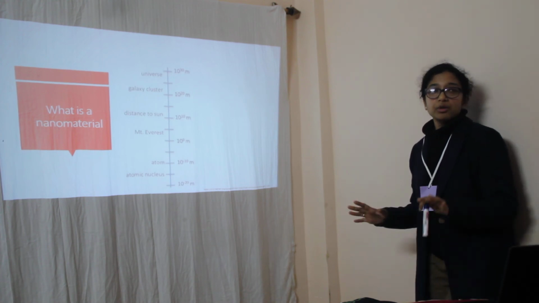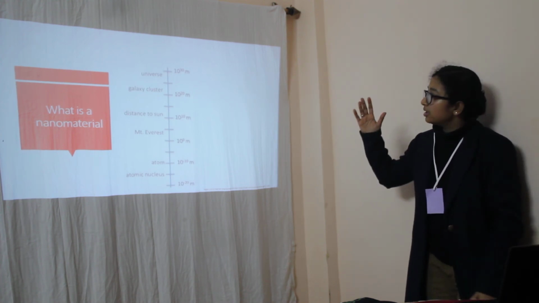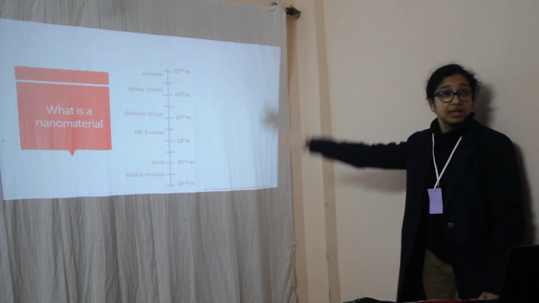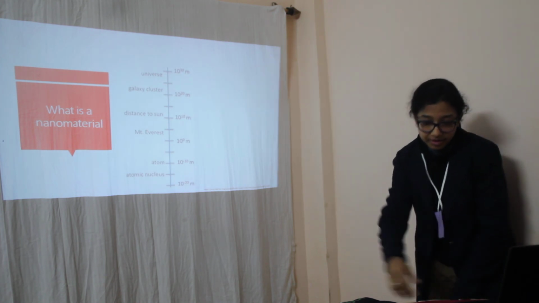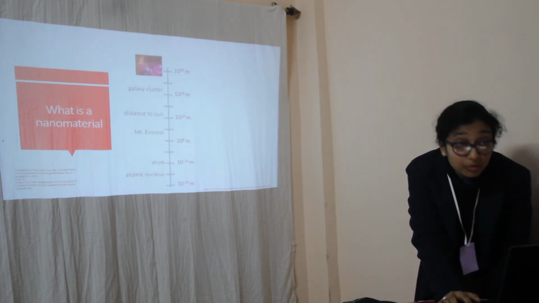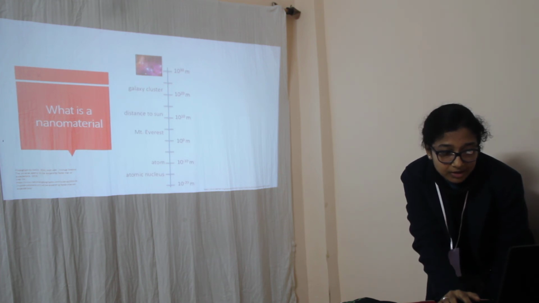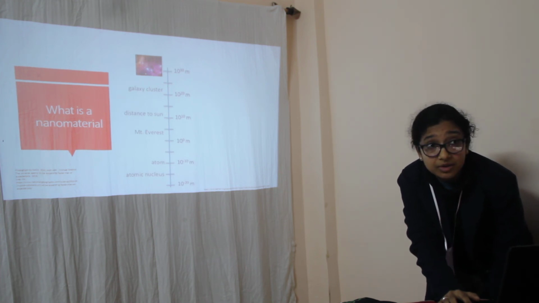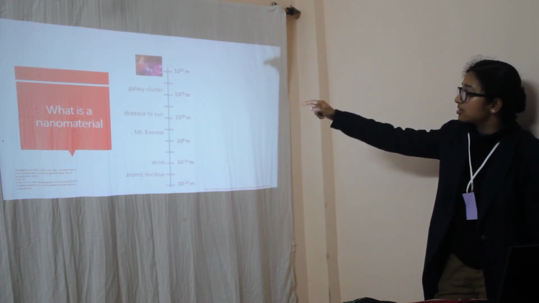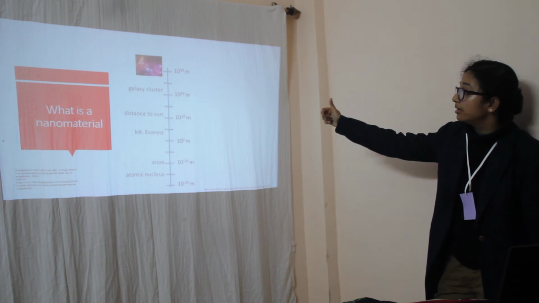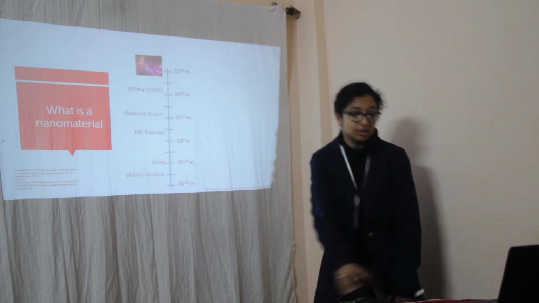So generally whatever we see, all the objects, we put them on a length scale. And you can see here there are different things like the universe, nearly 10 power 30 meter in range, and then a galaxy, and then the distance between the sun and earth, and then here comes, I think, Mount Everest.